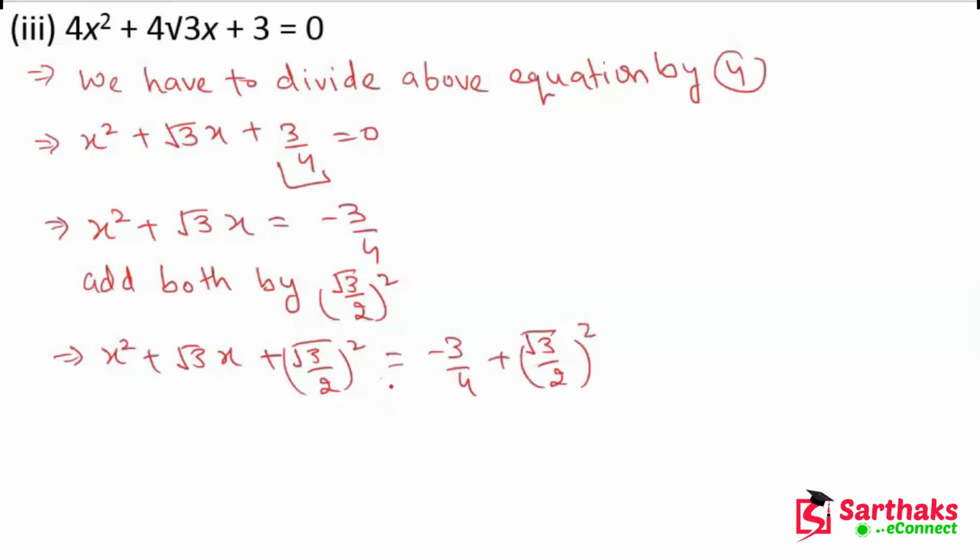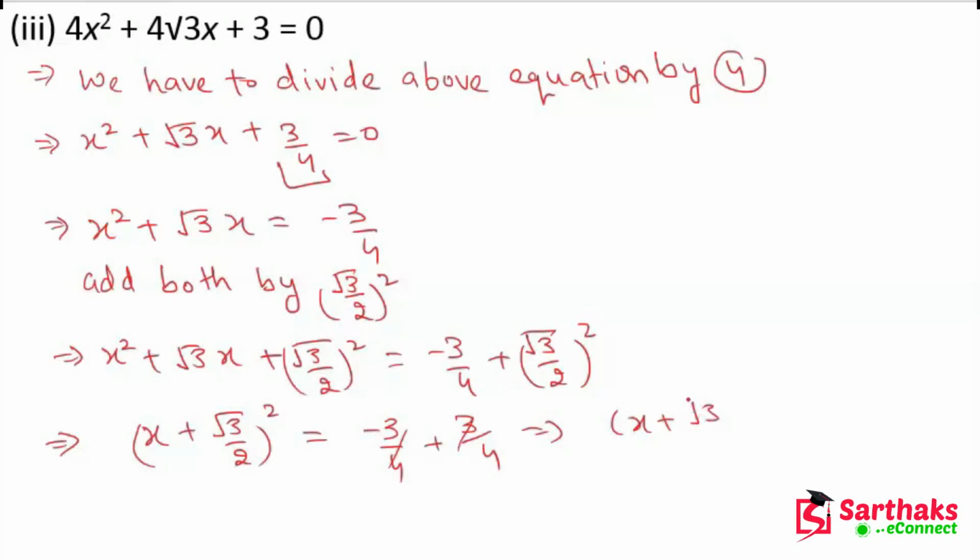Okay, my dear friends, so if we solve this, we get x plus root 3 upon 2 whole square is equals to minus 3 upon 4 plus 3 upon 4. Okay, and this will be cancelled, so we get x plus root 3 upon 2 whole square is equals to 0.